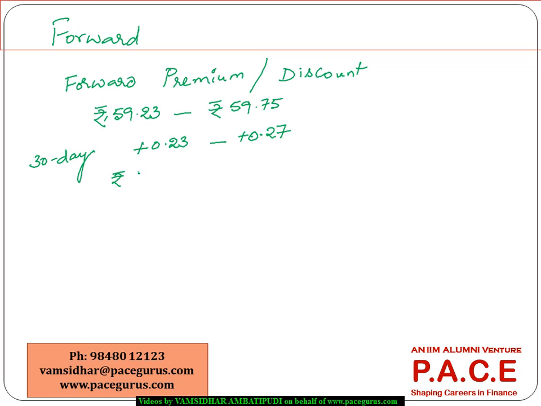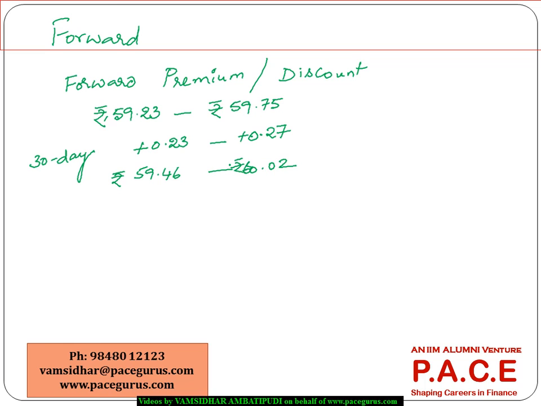So what I should interpret this as is, in the forward market, a 30-day forward quote for this is nothing but 59.46 as the bid rate and 60.02 as the ask rate for the dollar, if I am trying to buy it after 30 days. Right? After 30 days, as an investor, I would be able to sell dollars at 59.46 and buy dollars at 60.02.